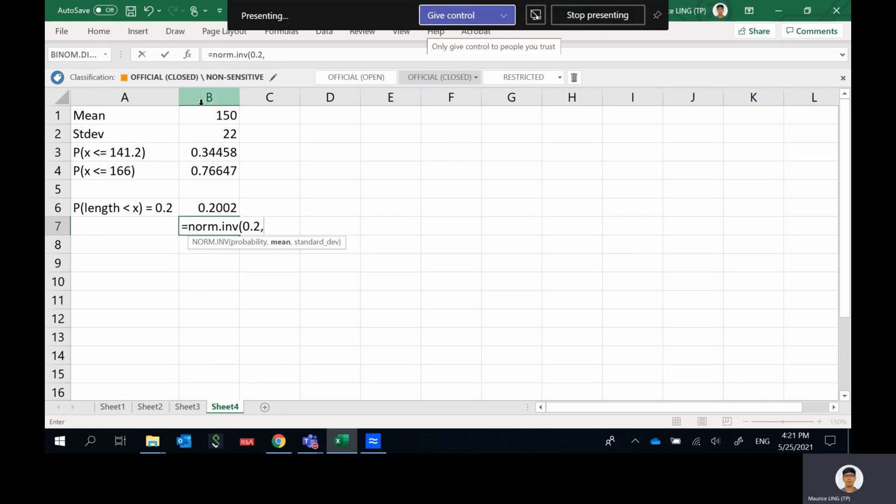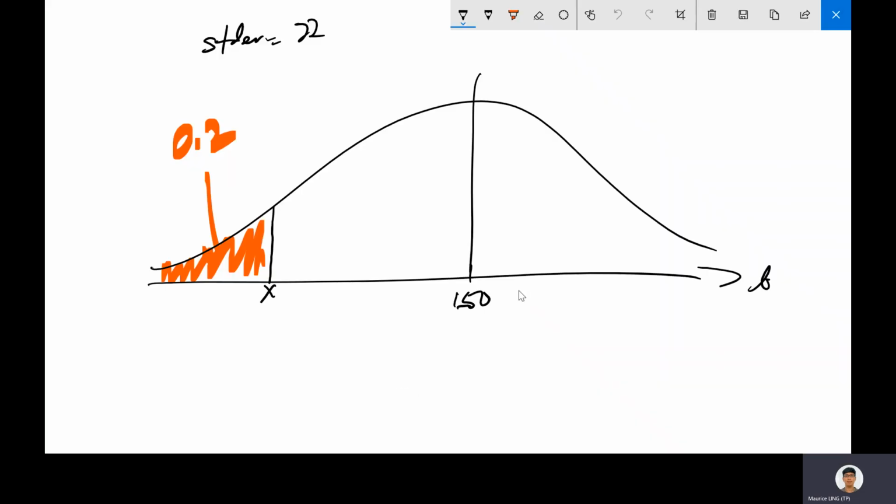The mean is 150. Standard deviation is 22. Okay, it's exactly 131.484. Normal inverse. Okay. So which means that this is exactly 131.484 centimeters.